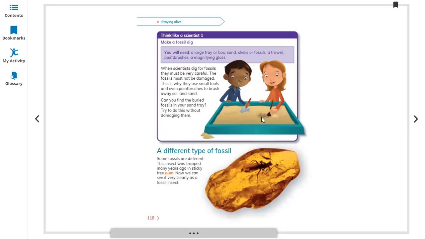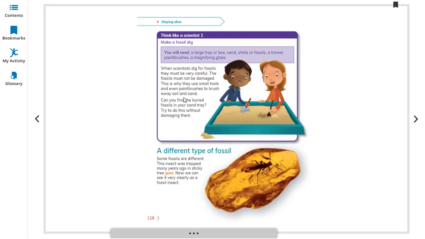If the fossils are broken, they are damaged, so they need to dig very carefully. The fossils must not be damaged. This is why they use small tools and even paintbrushes to brush away soil and sand, like this one.